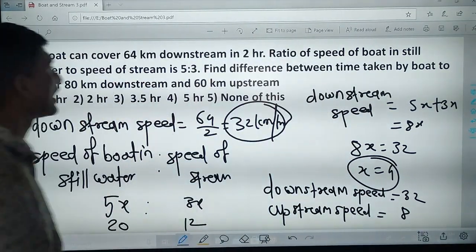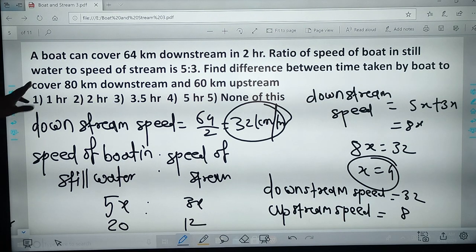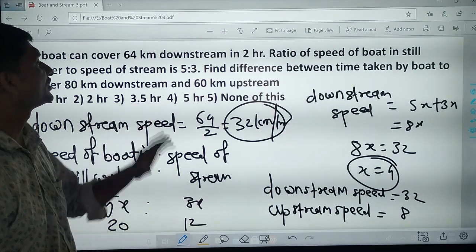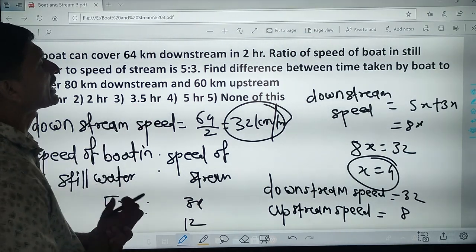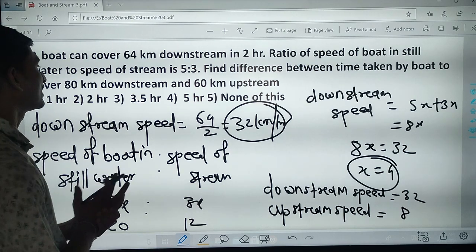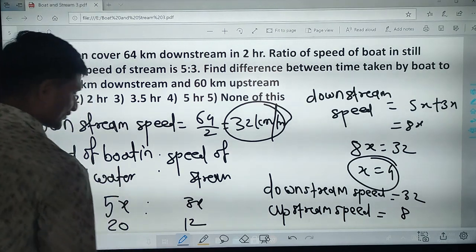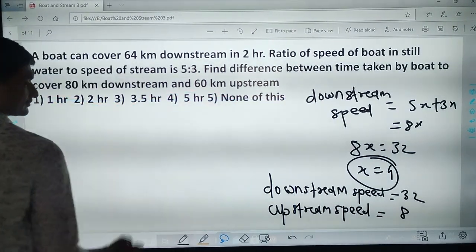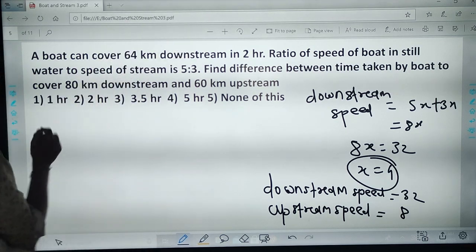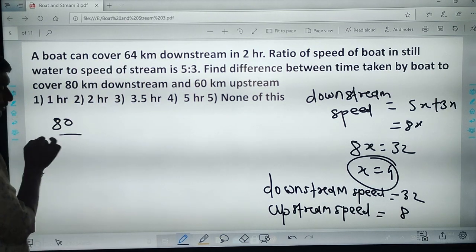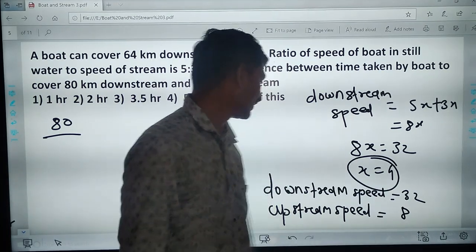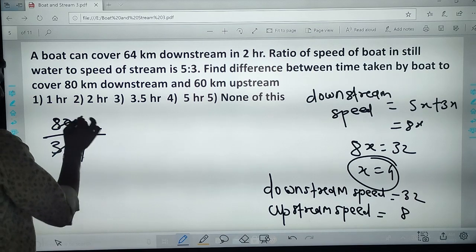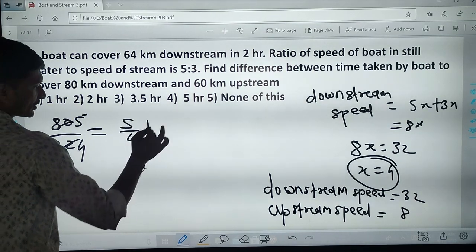Upstream speed is 8. Now we find the difference between the time taken by the boat to cover 80 km downstream and 60 km upstream. Time required to cover 80 km downstream, with downstream speed 32, is 5 by 2 hours.